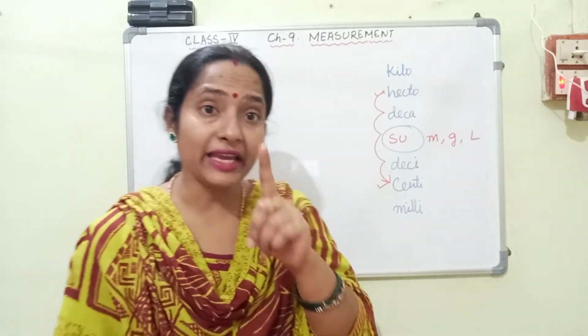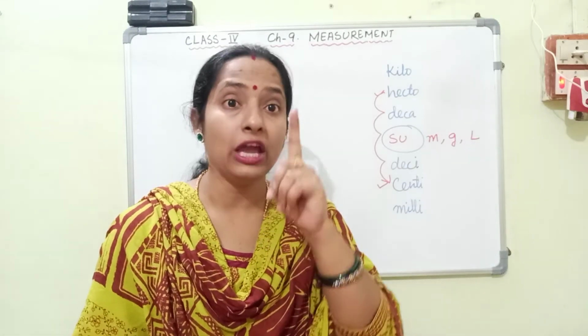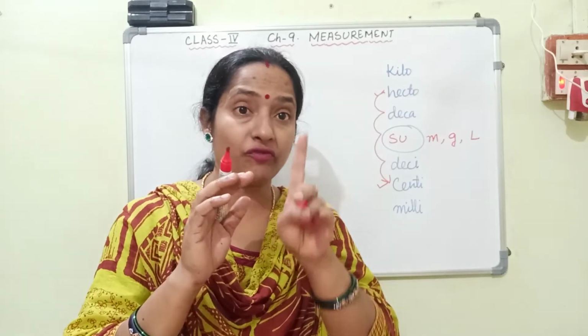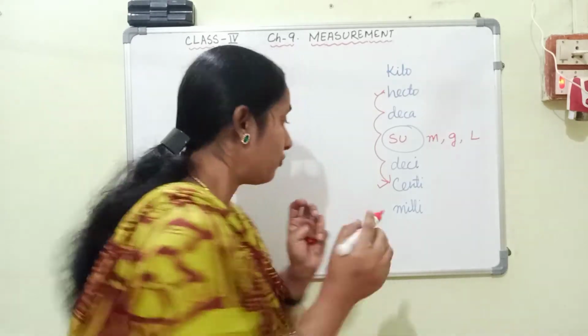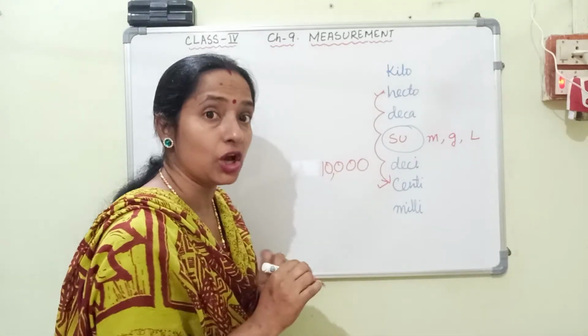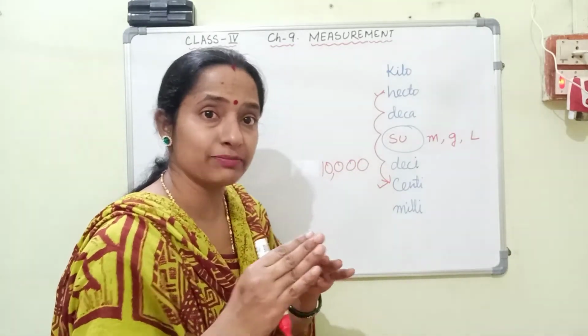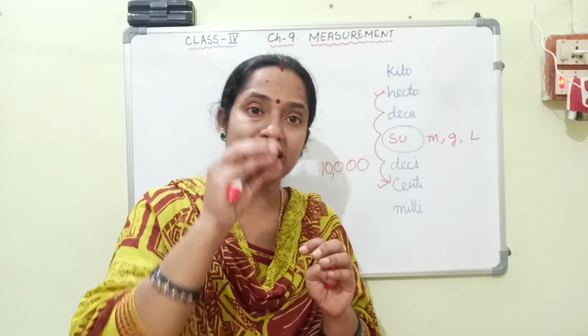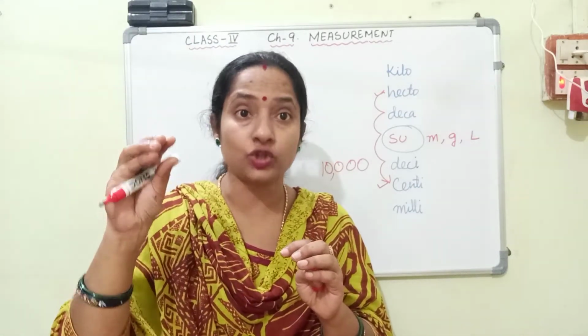This means I have to multiply by 1 with 4 zeros. That is 1 with 4 zeros. 1 with 4 zeros is equal to how much? 10,000. Or else you can remember this as multiplying by 10 four times, that is 10 into 10 into 10 into 10.